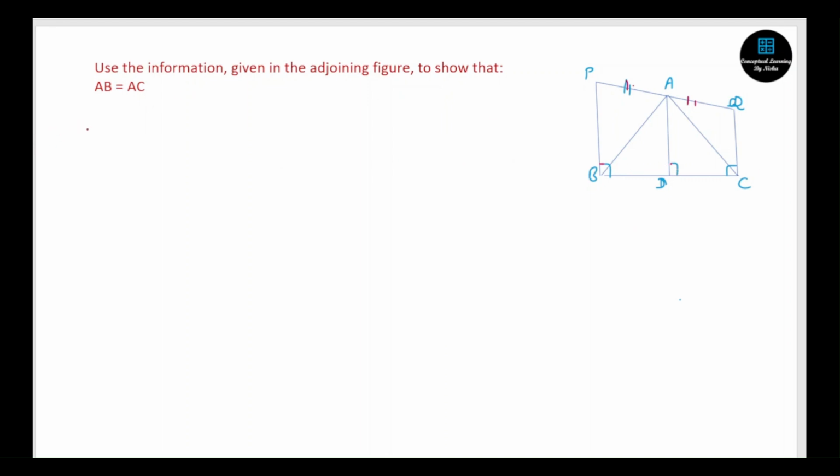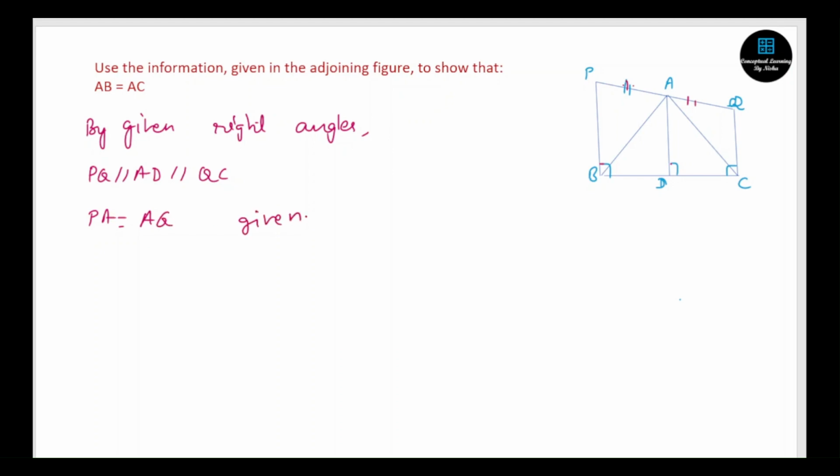So by given right angles, what we can conclude? PQ parallel to AD parallel to QC. We concluded this. Now see, we are given that PA is equals to AQ, given.